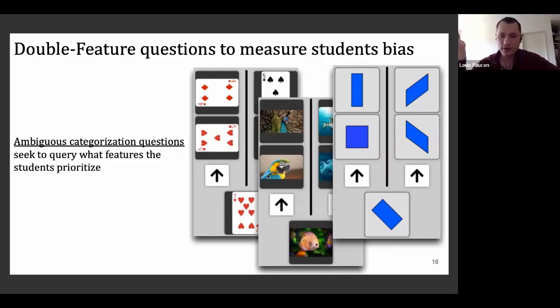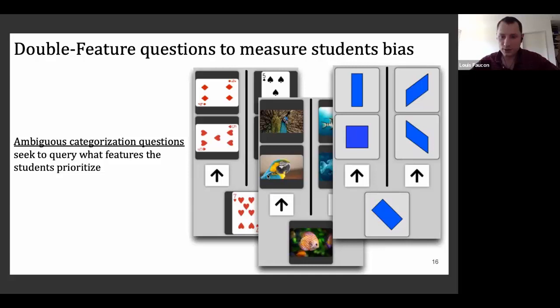But if you consider that the categories are shapes that are straight and shapes that are slanted, that will make you classify the fifth example on the right. So these questions were ambiguous with always two correct answers, depending on what features the students found more important to answer the question.